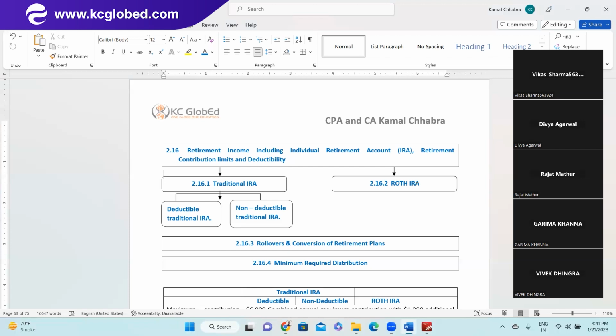That means a traditional deductible IRA helps you save certain taxes today, but you need to pay the taxes in future.